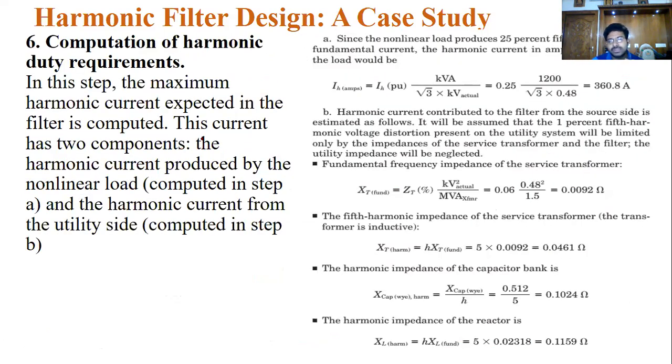So next one, this is also a similar one. Compute the harmonic current requirements. So what is the maximum harmonic current expected in the filter component? What is harmonic current? Harmonic current is produced by the non-linear load, first one, and the harmonic current from the utility side, two cases.